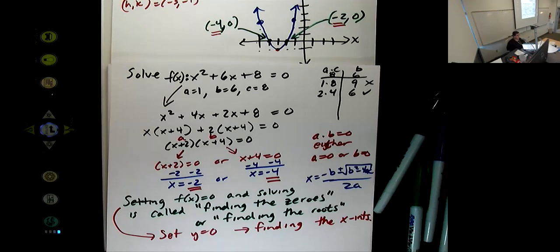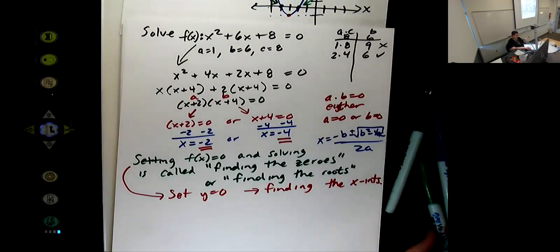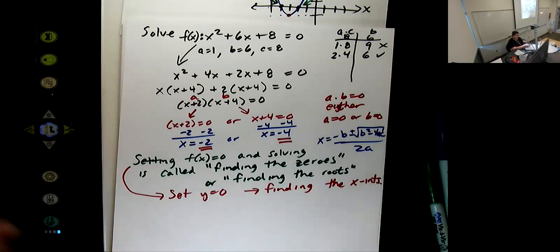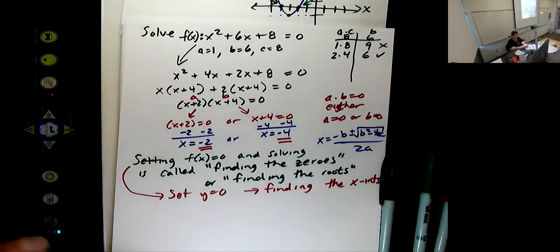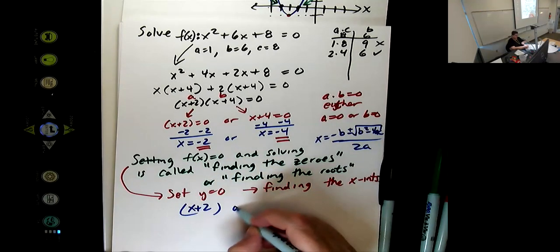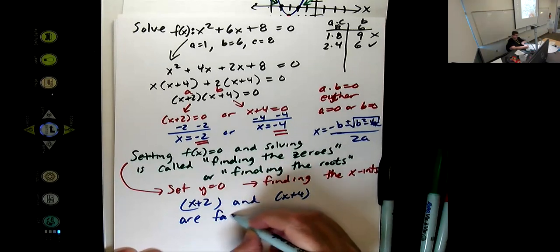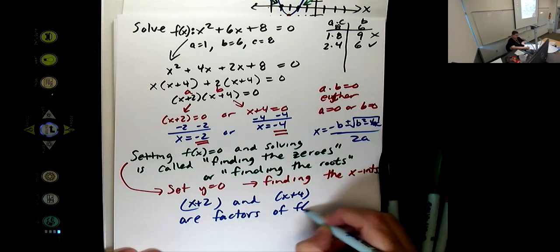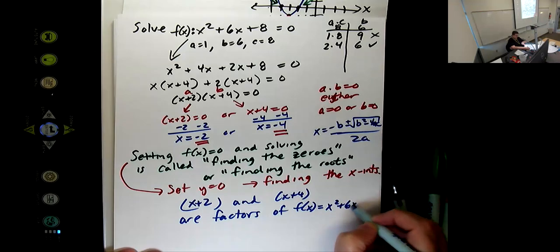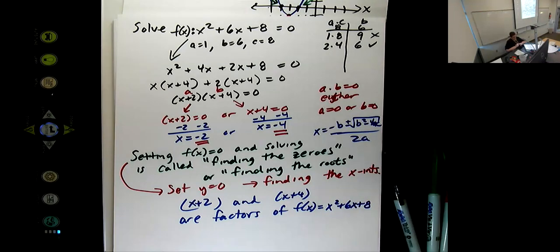It's worth pointing out here, when we had our factored form, x plus 2 and x plus 4 are factors of f of x equals x squared plus 6x plus 8. We're going to do more with that in our main class today, and I'm even going to bring all this stuff up again later on.